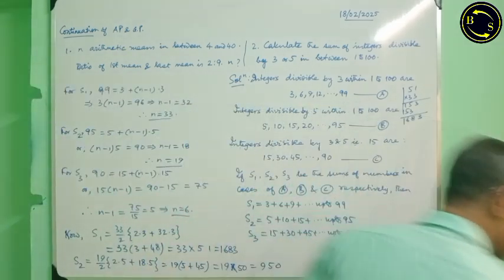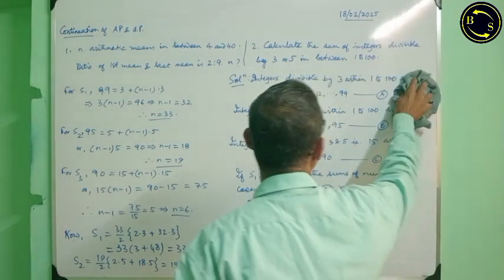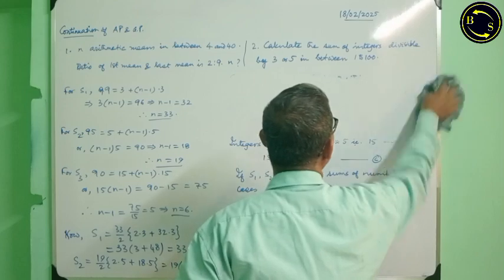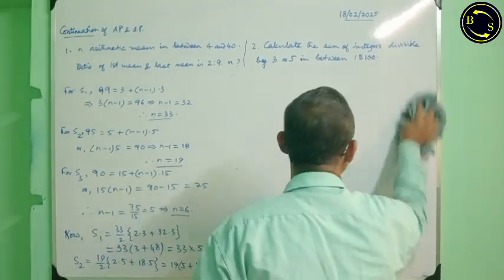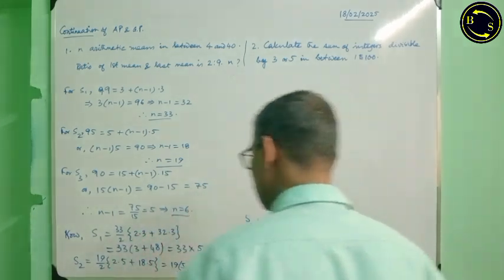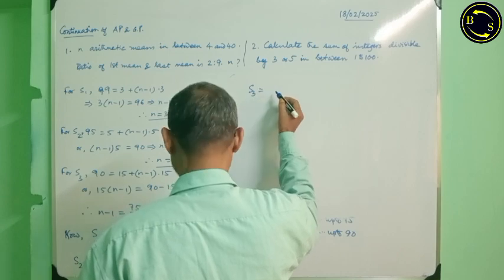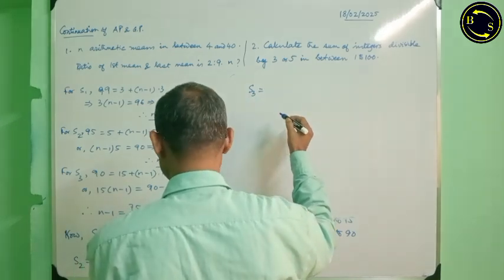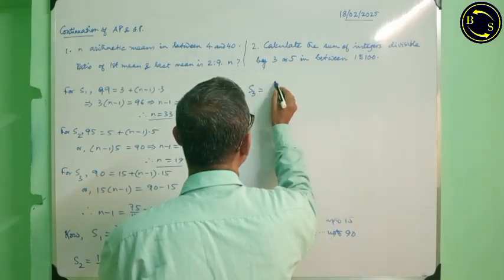I need space for that. I have here S3 will be. 6 terms are there which are divisible by 15 in between 1 and 100.